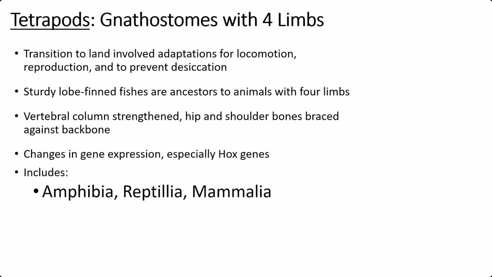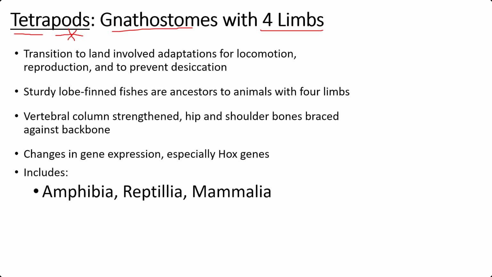That brings us to tetrapods. That root word tetra means four, pod means foot. So these are gnathostomes, so jawed organisms with four limbs. It doesn't technically have to be four actual feet, but four limbs. So the transition to land involved adaptations for locomotion and reproduction and to prevent desiccation, which is that fancy word for drying out.